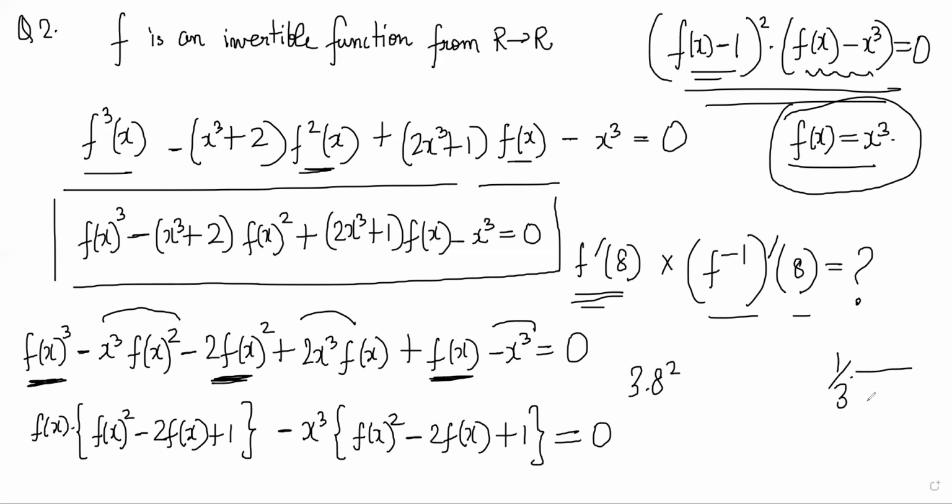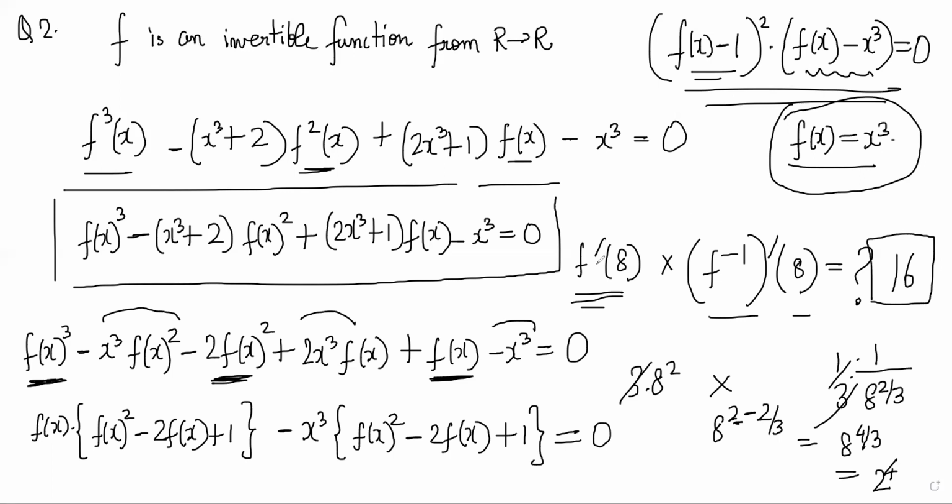So 1 by 3 by x power 2 by 3, so 8 power 2 by 3. You multiply this, 3 cancels. You have 8 power 2 divided by 8 power 2 by 3, which is 8 power 4 by 3, which is 2 power 4, which is 16.